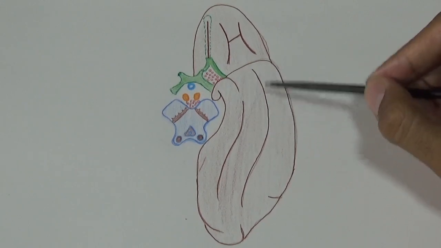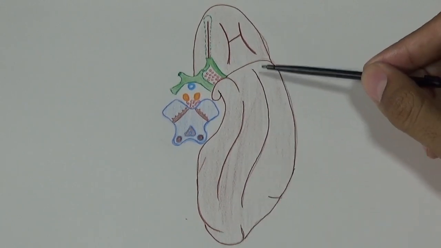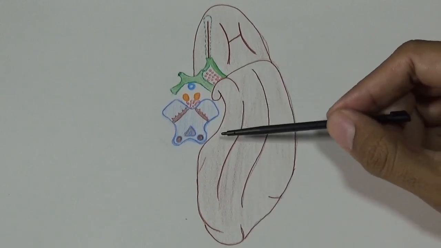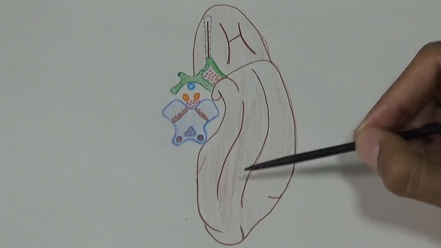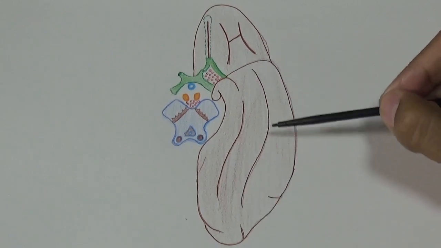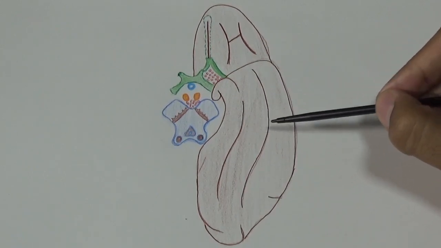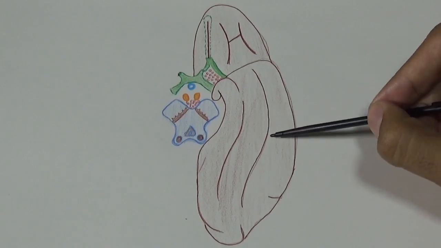These two sulci divide the inferior or tentorial surface into the parahippocampal gyrus and the medial and lateral occipitotemporal gyri. So three main gyri are formed by these two sulci.